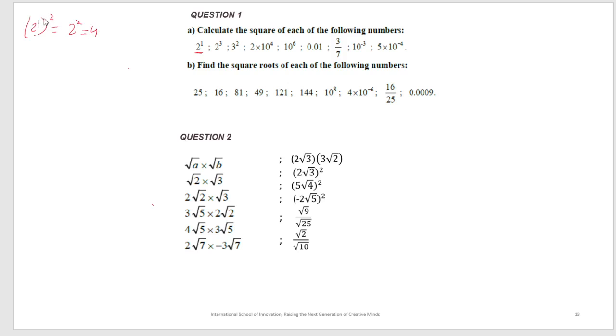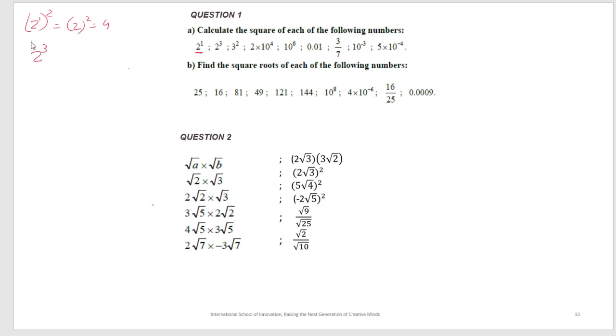Why? I used the law. We took it also last year. Or let me solve it in a different way, easier I think. 2 power 1 squared is equal to 2 squared, which is equal to 4.